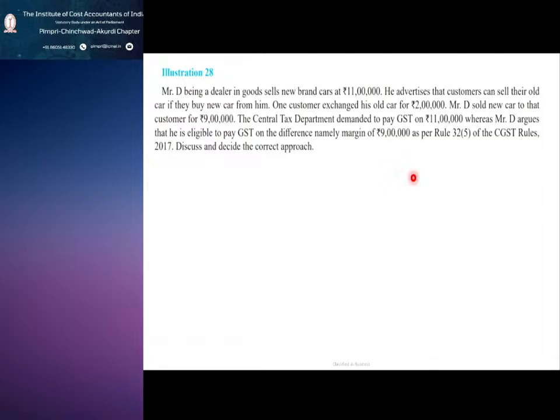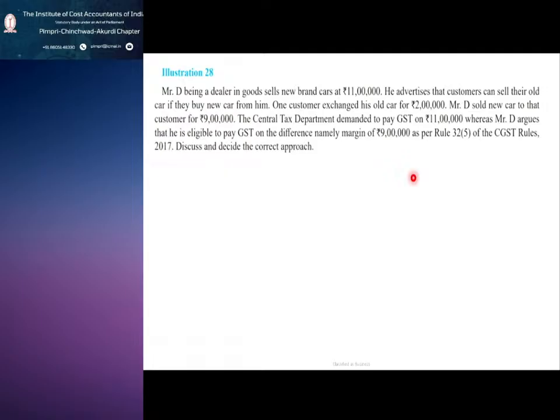See, this is like a case law only. So have a look at this question now. Mr. D, a dealer in goods, sells new brand cars at 11 lakhs. He advertises customers can sell their old car if they buy a new car from him. One customer exchanged his old car for 2 lakhs.